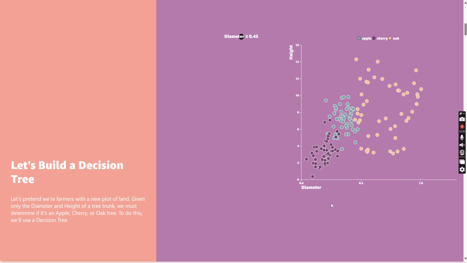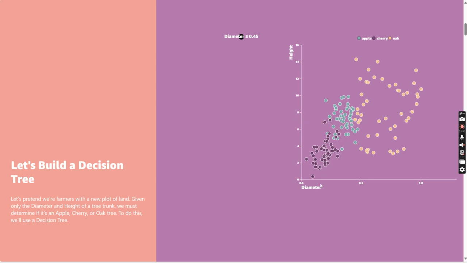For diameter, as you can see, the cherry tree's height can go, let's just say these are in feet, from 1 foot up to 7 or 7.5 feet. Let's just assume like that.